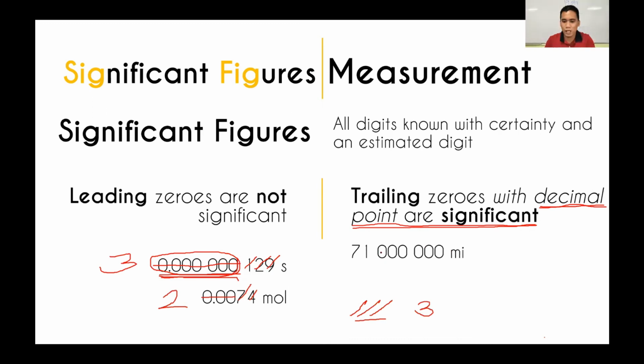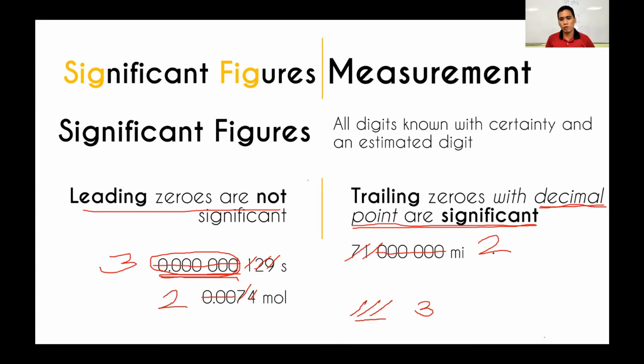In this case, sir, why is it considered not significant? Because they serve as a placeholder, same with the leading zeros that are not significant. Every zero that serves as a placeholder is considered not significant. So in this case, the number of significant figures is 1 and 2.